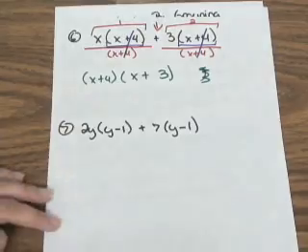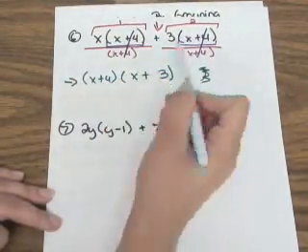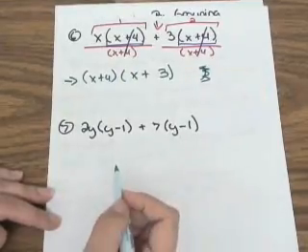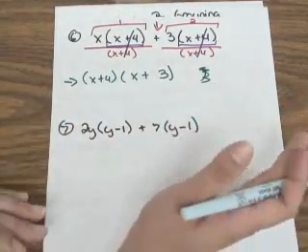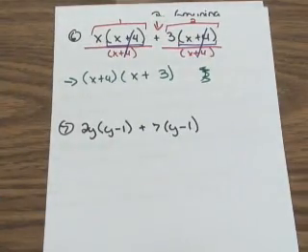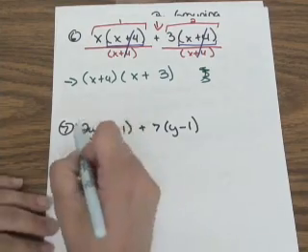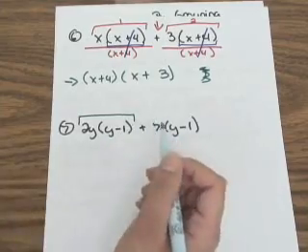Let's do the same thing for this next problem. Again, notice that 2y times the difference of y and 1 plus 7 times the difference of y and 1 are separate terms. This is your first term and this is your second term. So it's up to you to look inside the terms to see what is common about them. They both have the y minus 1.